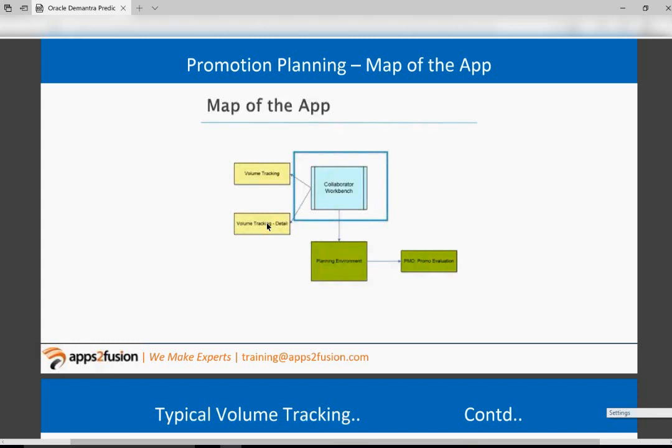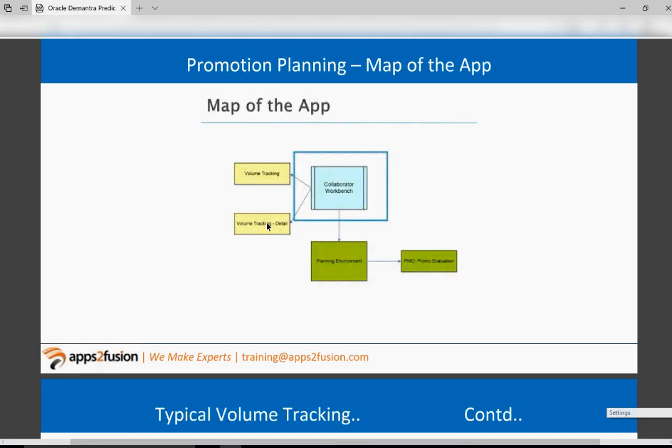Like, in some organizations, marketing is more powerful than sales. So what happens is sales puts their numbers, marketing puts their number next, and we have defined in the system a hierarchy that if a sales and a marketing number are both available for a given item location combination, I can define my final forecast series expression in such a way that only the marketing number is taken up when both are provided.